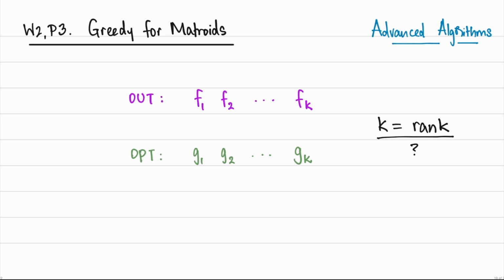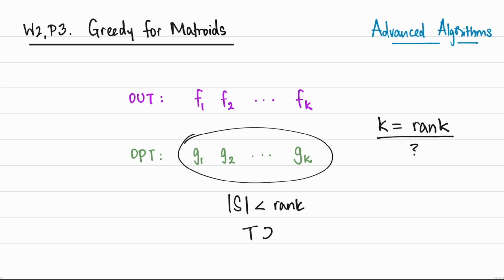Notice that opt will not fall short of the rank because all our weights are non-negative. If the optimal solution had fewer elements than the rank of the matroid, then it can always pursue maximality. So for example, let's say that opt outputs some set S where the size of the set is strictly less than the rank.